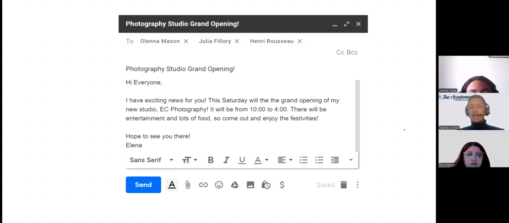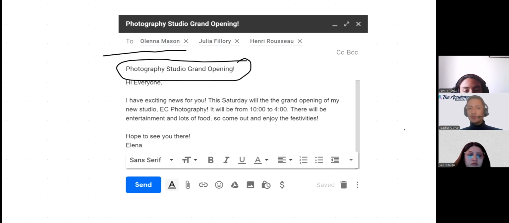Got it? Afterwards, we have the subject. Subject, that means el asunto, no? The subject is a short sentence, maybe 4 or 5 words, to explain what this is about.